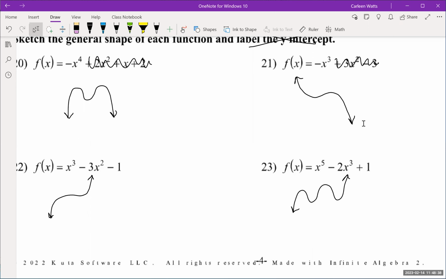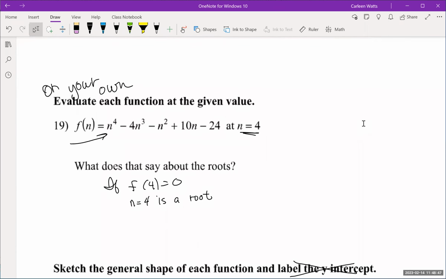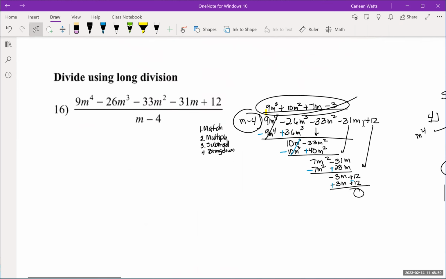We're done. Okay, I will take questions. And Jack, you want to see, what is it? This one? You got to do number 19 on your own. And okay, so if it gets 0, you're going to say, yes, it's a root. Number 10.